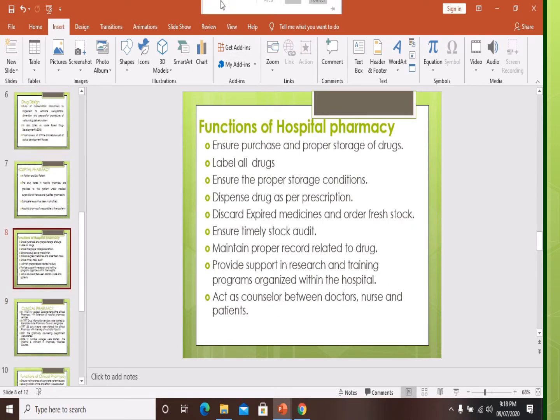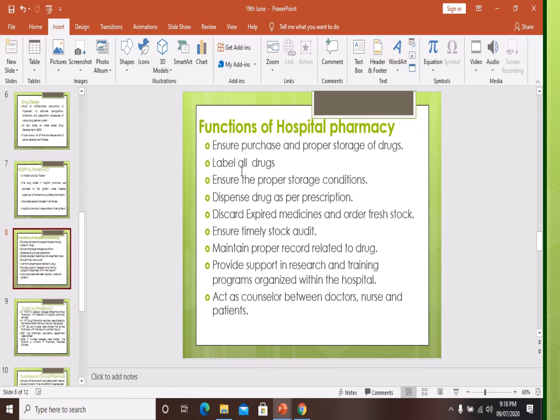Functions of hospital pharmacy: ensure purchase and proper storage of drugs, label all the drugs, ensure the proper storage conditions, dispense drugs as per the prescription, discard expired medicine and order fresh stocks, ensure timely stock audit, maintain proper records related to drugs, provide support in research and training programs organized within the hospital, and act as a counselor between doctor, nurse and patients.